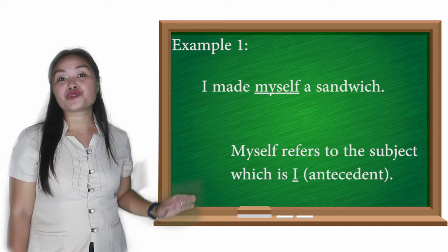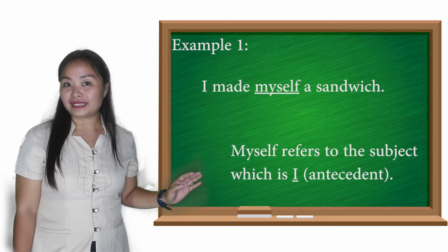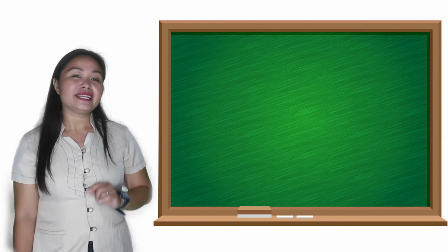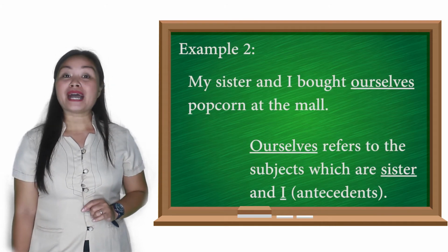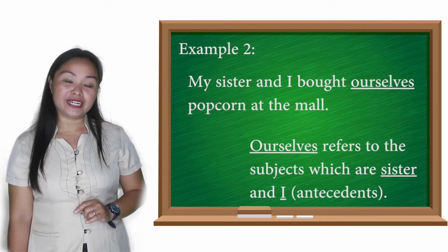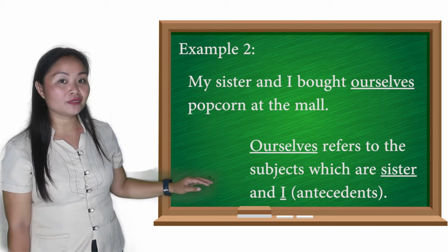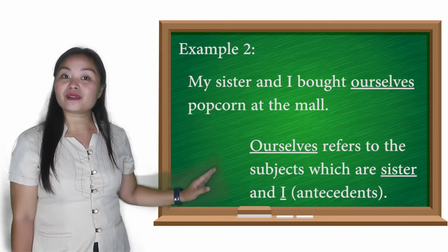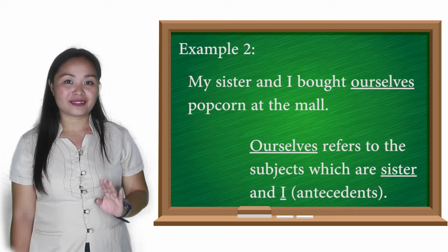Myself refers to the subject, which is I. That is also the antecedent of the sentence. The next example is: my sister and I bought ourselves popcorn at the mall. Ourselves refers to the subjects, which are sister and I, the antecedents of the sentence.